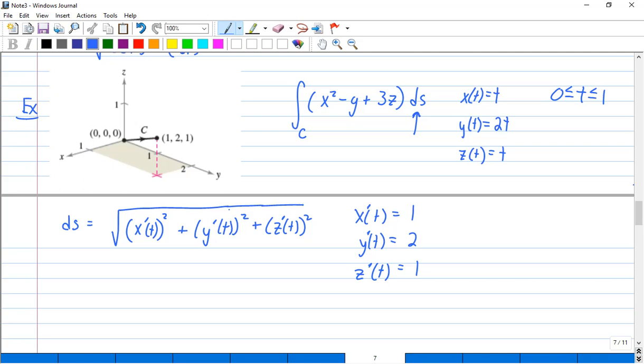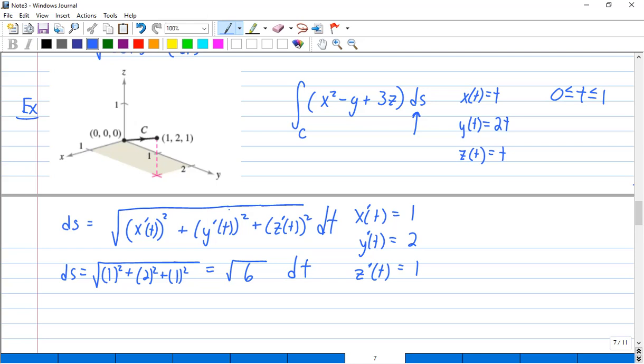All right. So ds is going to be equal to, remember we have dt at the end now, the square root of 1 squared plus 2 squared plus 1 squared, which is square root of 6 dt.